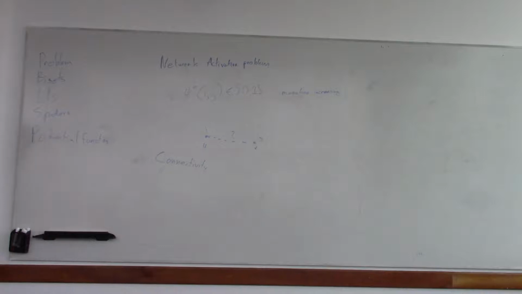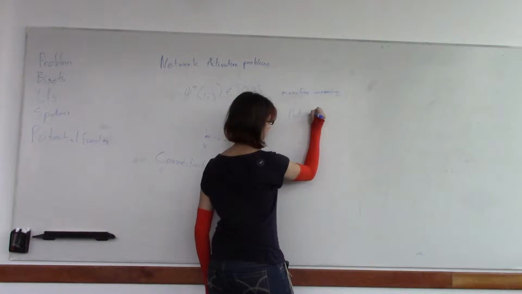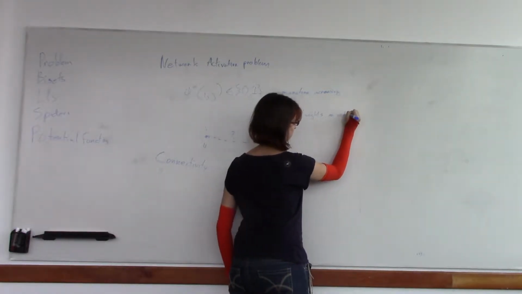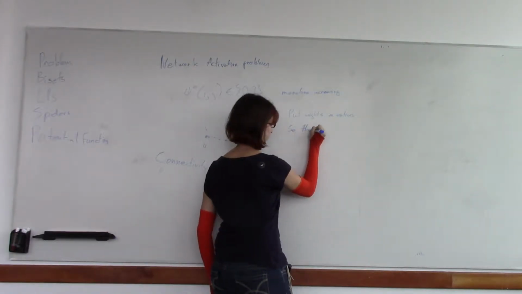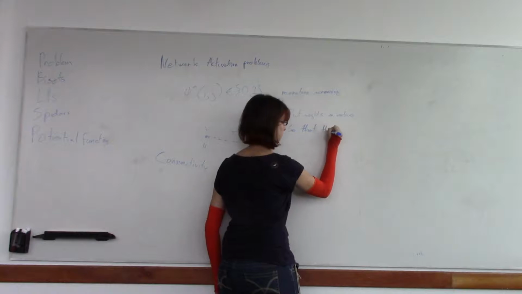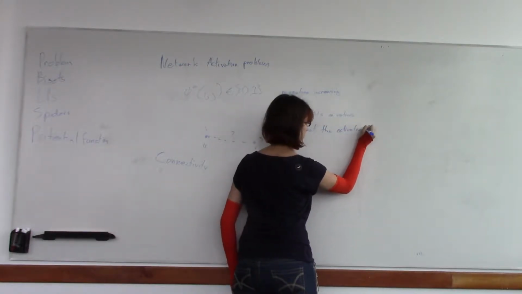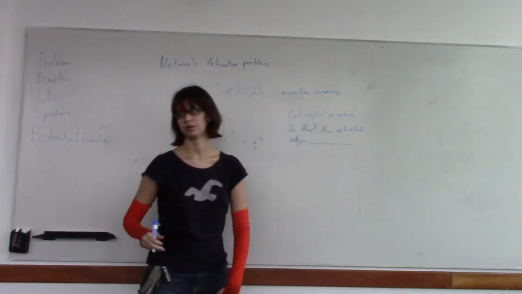So the goal of a network activation problem is to put weights on the vertices so that the activated edges have some property.